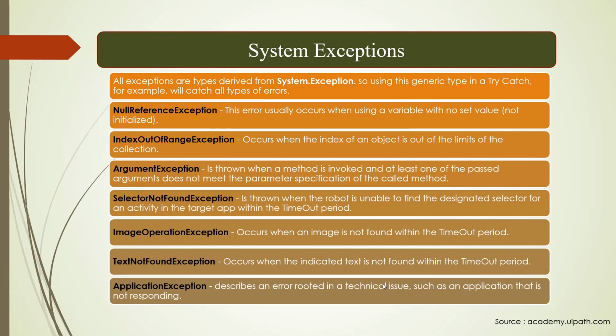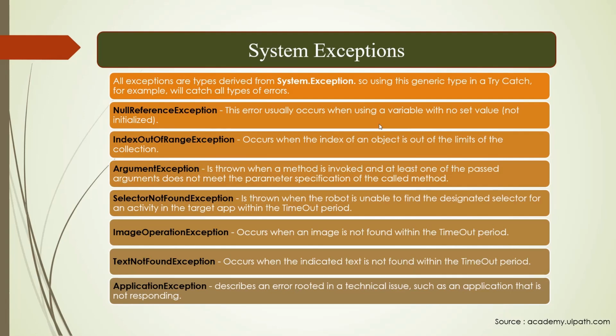Now exceptions are categorized broadly into two categories. One is the system exception and the other is the business exception. All exceptions, irrespective of their type, are derived from System.Exception. So System.Exception, the first line highlighted here in bold, is the parent class of all exceptions.